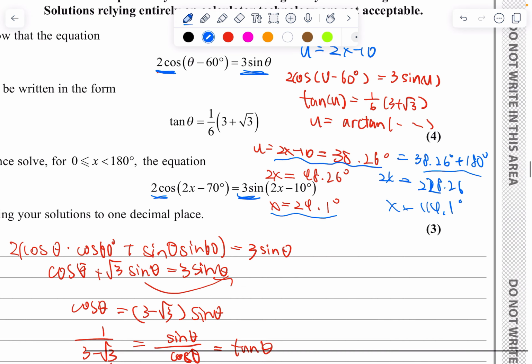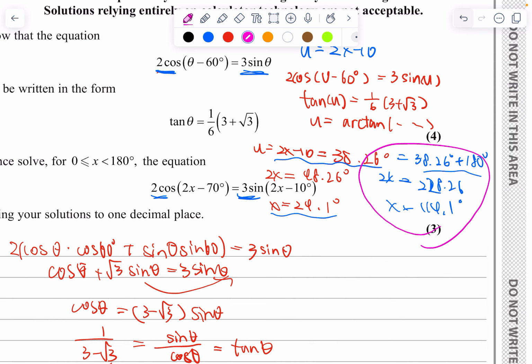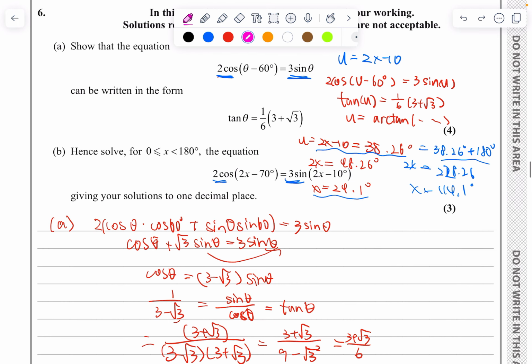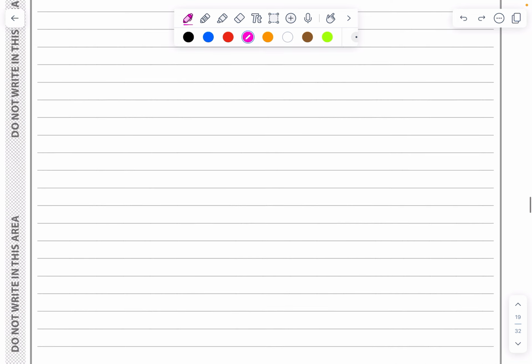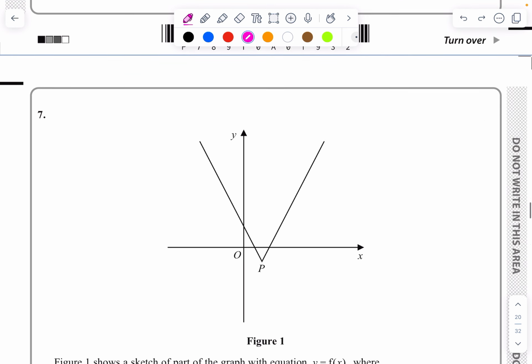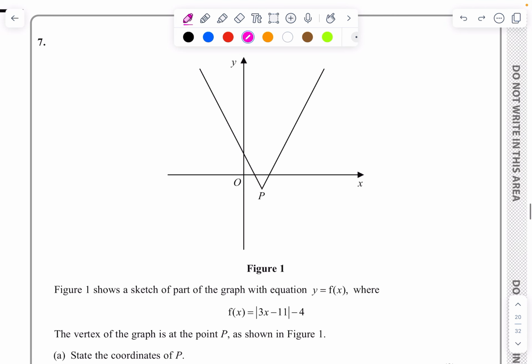I think the tricky part is how you find the other solution, and honestly I have a hard time explaining this to all my students too, because sine and cosine are different from tangent, and yet they also have different solutions.